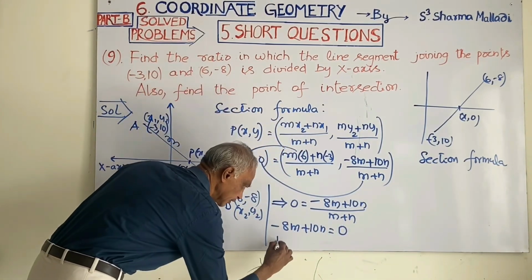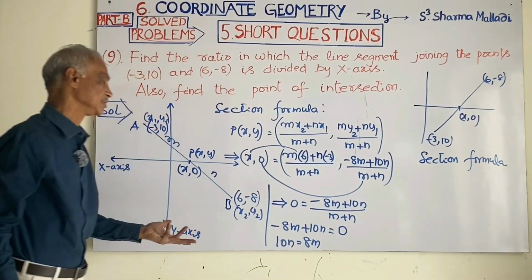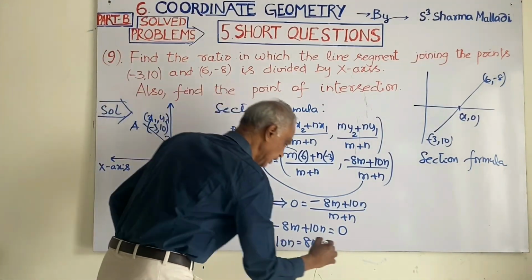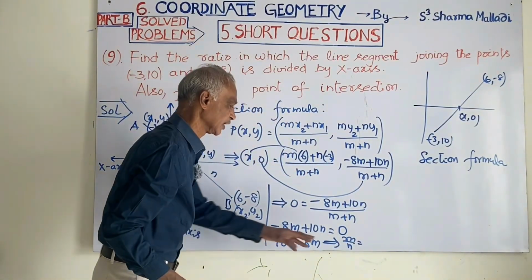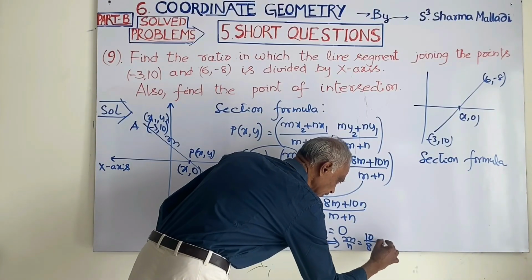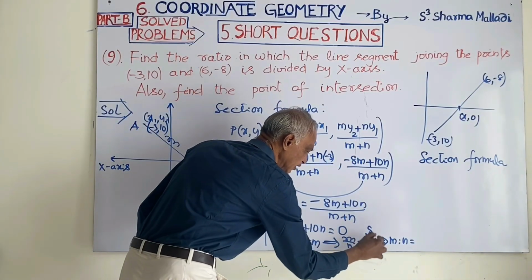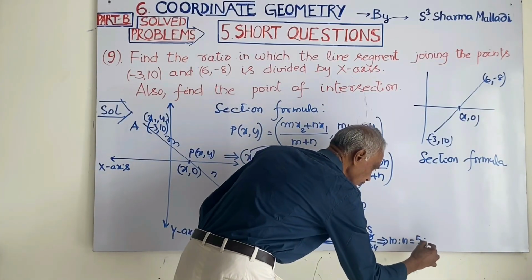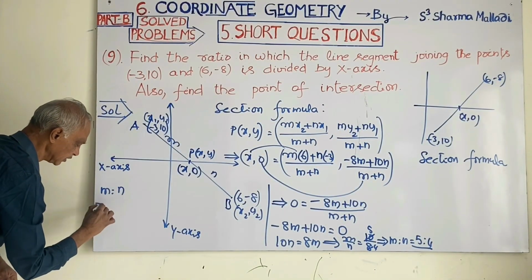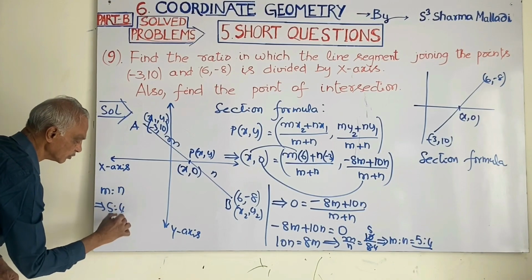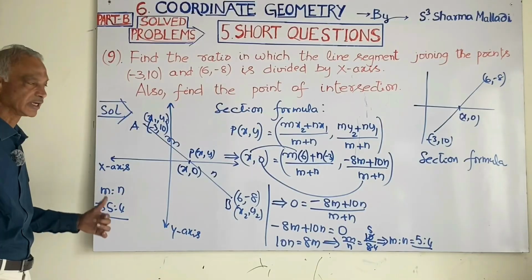And you take 10n is equal to 8m, or 8m is equal to 10n. And here you can write m by n is equal to 10 by 8, and you will get m is to n is equal to 5 is to 4. What is m is to n? m is to n will be 5 is to 4. This line segment is divided by the x-axis in the ratio 5 is to 4.